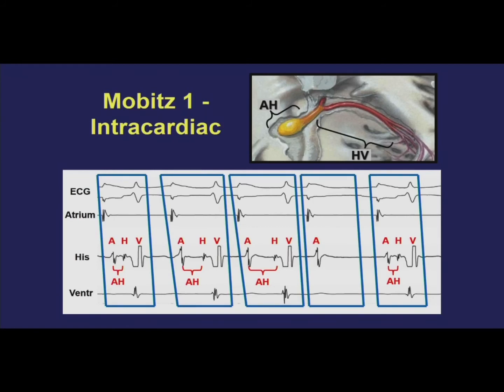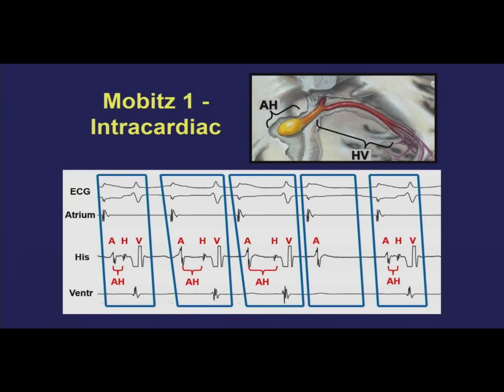And the answer is they did this all day. They gave drugs and they put catheters to record the His bundle and they paced. That was EP. It was unpopular back then because you didn't do very much. But we learned so much from what they did, to the point where they so exhaustively understood how the electrical system of the heart worked that we take it for granted.